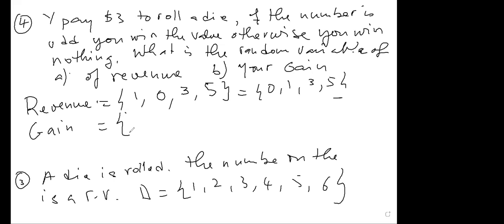So for 1 it is -2. If you don't win anything, what is your profit? 0 revenue gives -3. And when you play 3, and when you get 5, 2. So let's write it as -3, -2, 0.